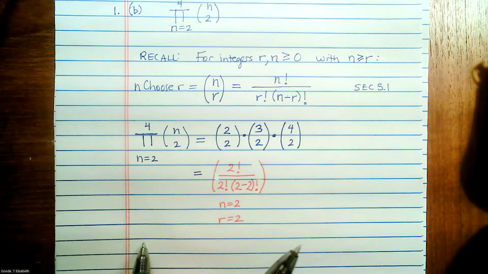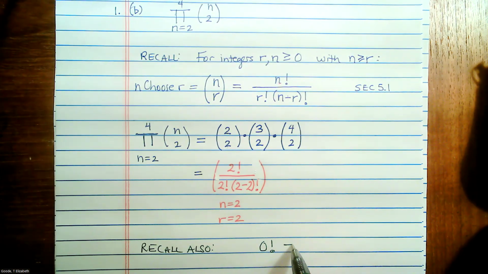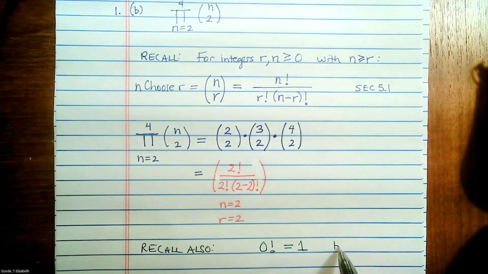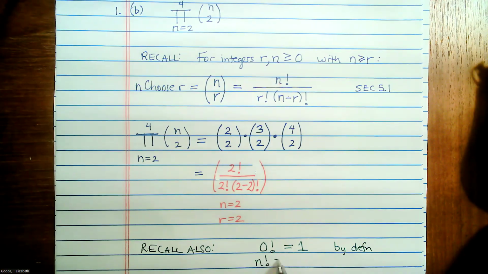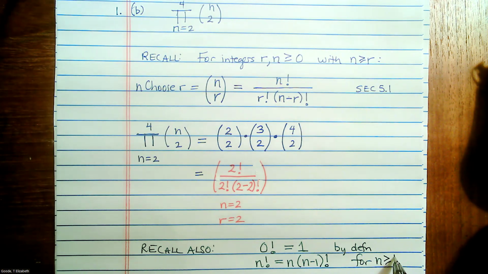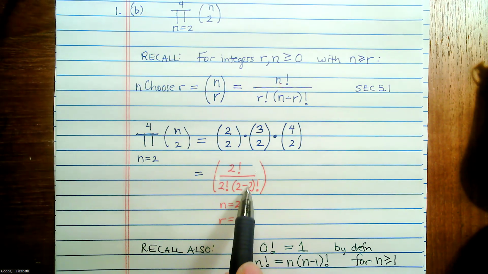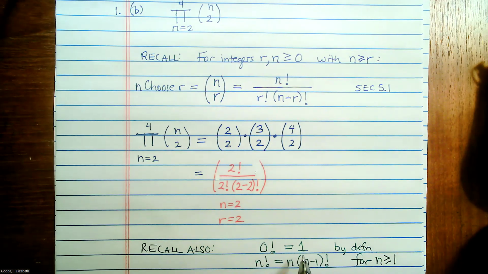No. We have to recall also that 0 factorial is defined to be 1, and n factorial is n times n minus 1 factorial for n greater than or equal to 1. So this is going to be 0 factorial down here, but we don't have to worry. That isn't 0. It's 1.